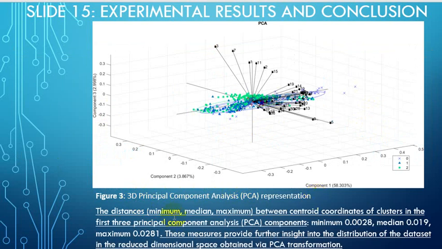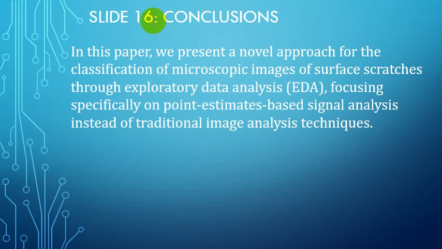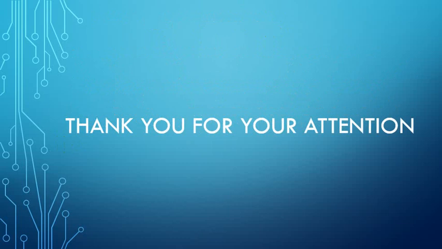The distances, namely minimum, median, and maximum, between centroid coordinates of clusters in the first three principal components are mentioned here. These measures provide further insight into the distribution of the dataset in the reduced dimensional space obtained via PCA transformation. Slide number 16 demonstrates conclusions. Thank you for your attention.